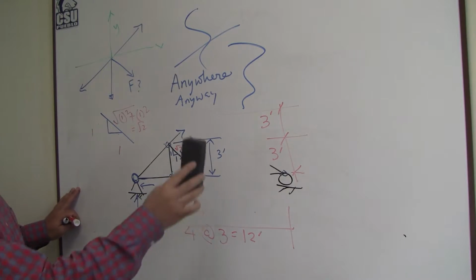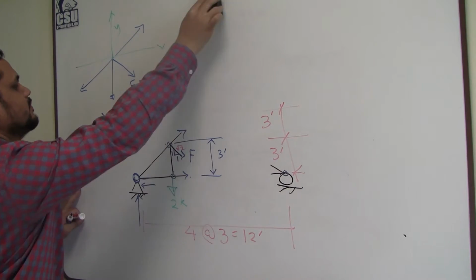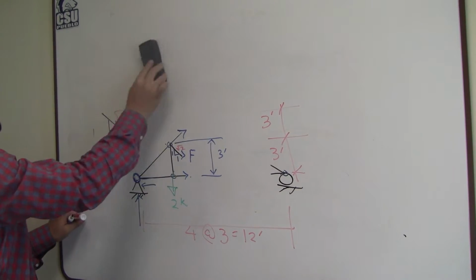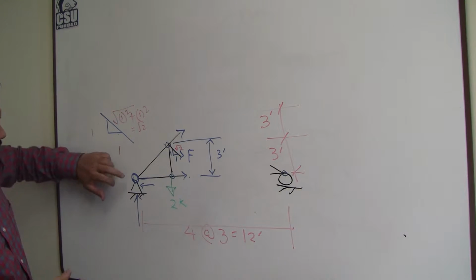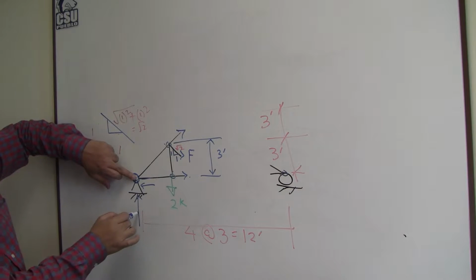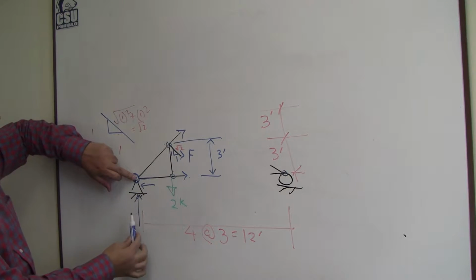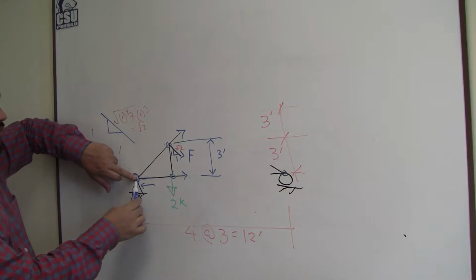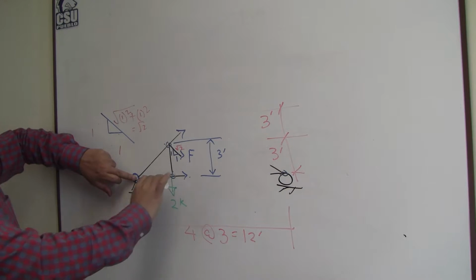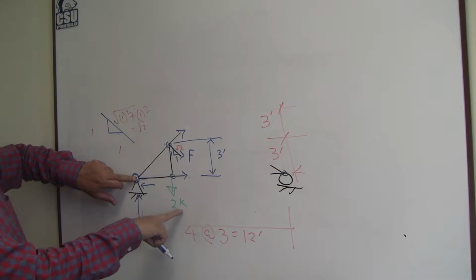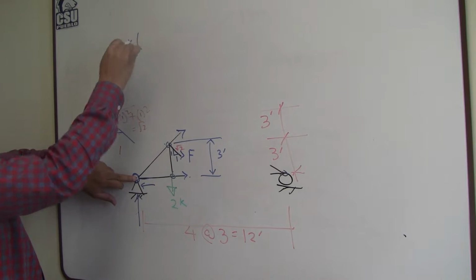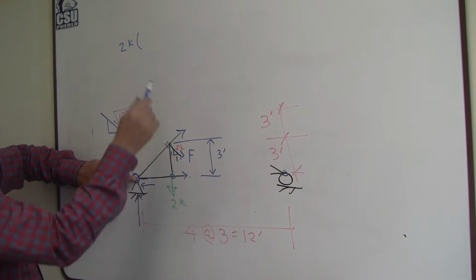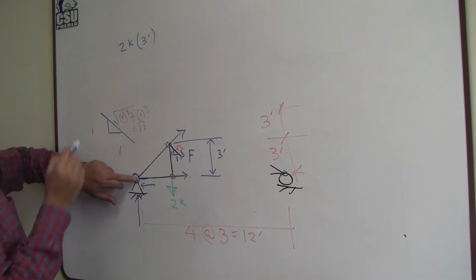Let me make some space. So I am applying moment here. My first force is obviously this reaction force, and it will vanish because it is going through this point. Distance is 0. So my first force is then 2 kips, and distance I assume 3 feet.